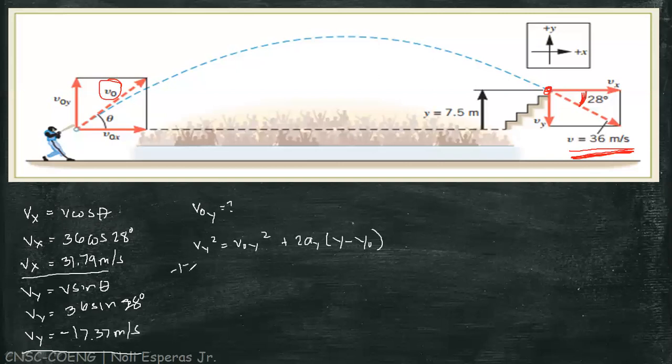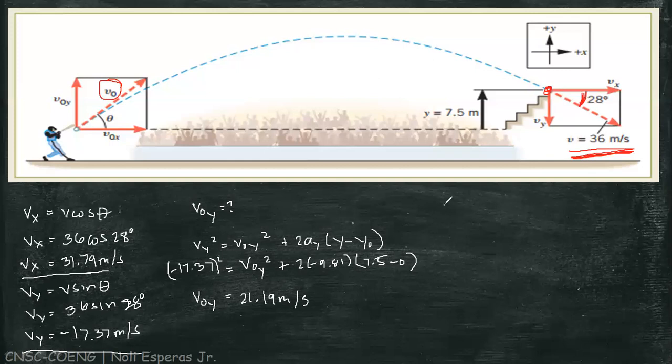So we have negative 17.37 squared equal to v naught y, which is the missing value, squared, plus 2 times acceleration, negative 9.81, and y is 7.5 meter, then y naught is 0. And solving this, we get the initial y component of the velocity is 21.19 meter per second.